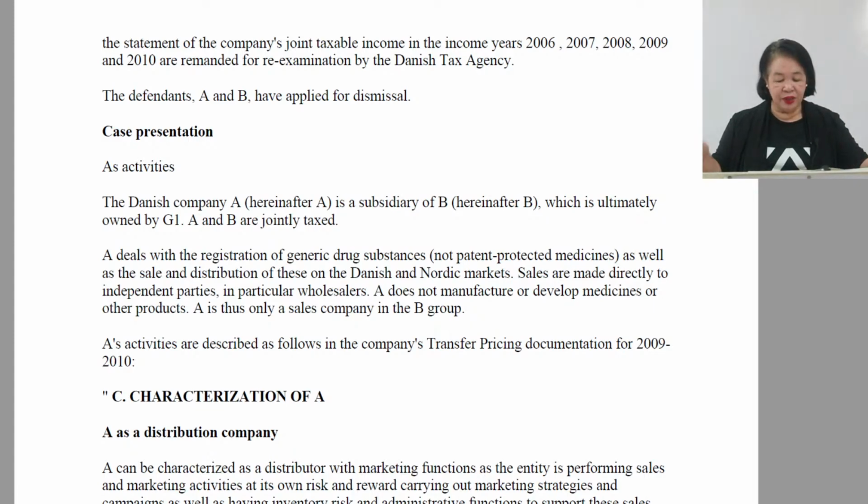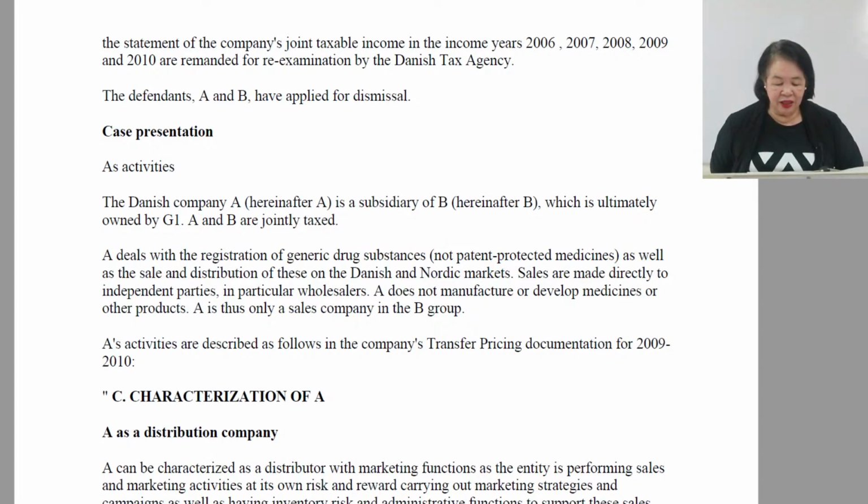A deals with the registration of generic drug substances. Ito na yung kanilang functions, no? So, si A, siya yung deals with the registration of generic drug substances, not patent-protected medicines. Kaya nga, generic no? As well as the sale and distribution of this on the Danish and Nordic market. No? So, si A yan.